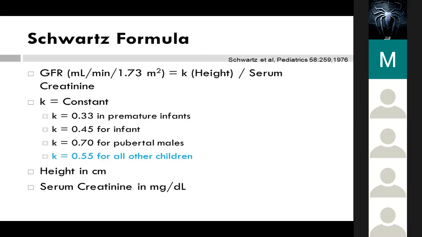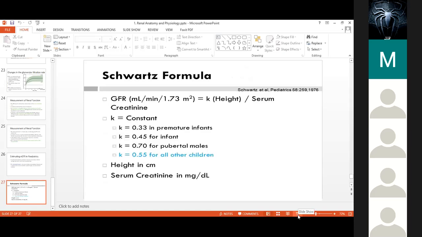So that's why you need your BUE creatinine. The constant is 0.33 in premature infants, 0.45 for infants, 0.70 for pubertal males, and 0.55 for all other children. So this is how you calculate the eGFR in pediatrics.